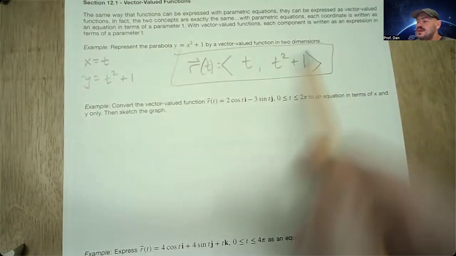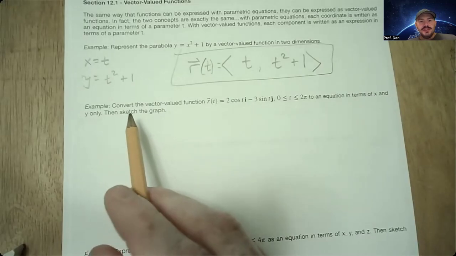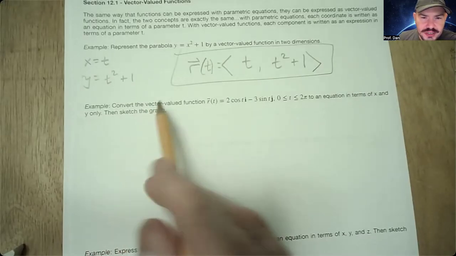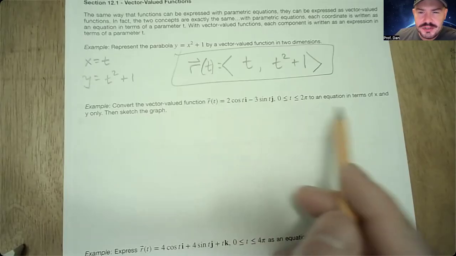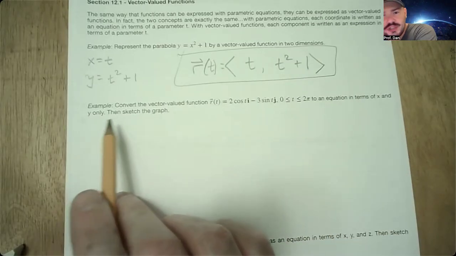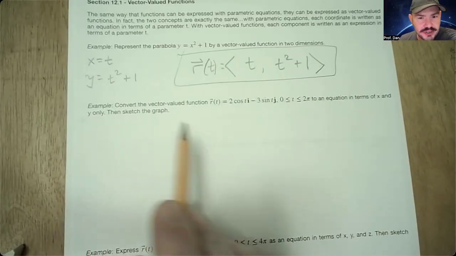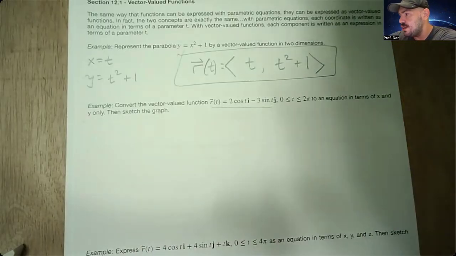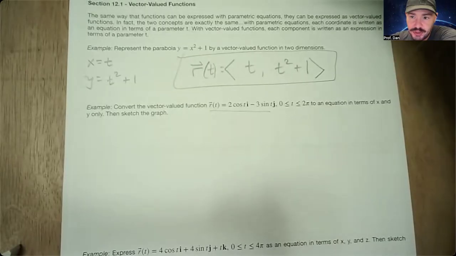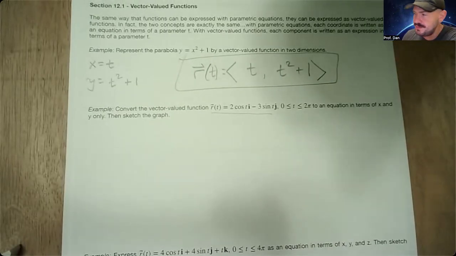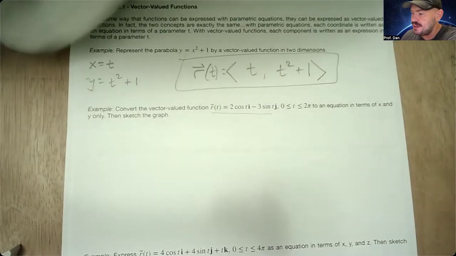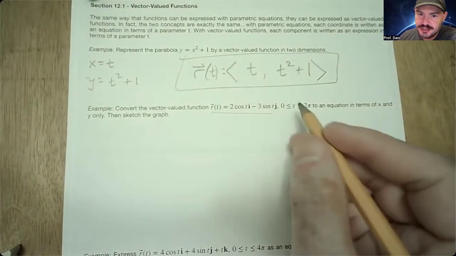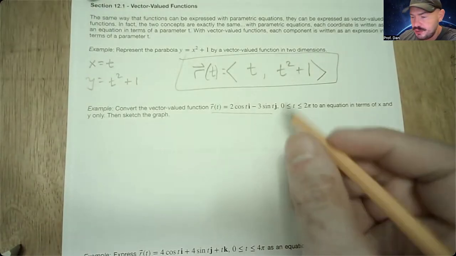Okay. So the next example, let's say that we want to convert the vector valued function given here to an equation in terms of x and y only, and then sketch a graph. So remember, if we have a vector valued function, we can always write each of the components as parametric equations.